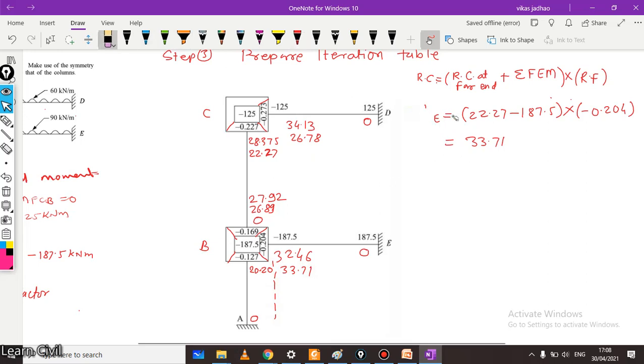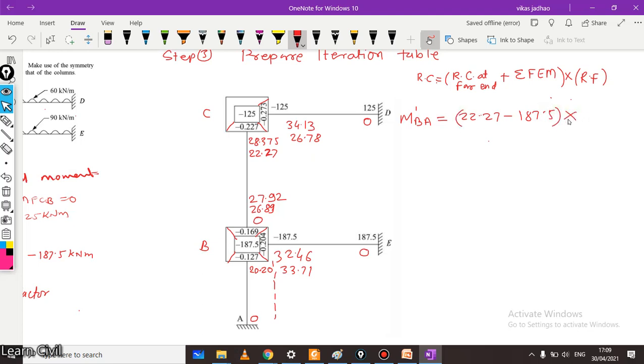Next we have to find out the rotation contribution for member BA. So rotation contribution for BA, M dash BA, is equal to rotation contribution at far end, that is 22.27, plus fixed end moment, that is minus 187.5, multiplied with rotation factor of minus 0.127.